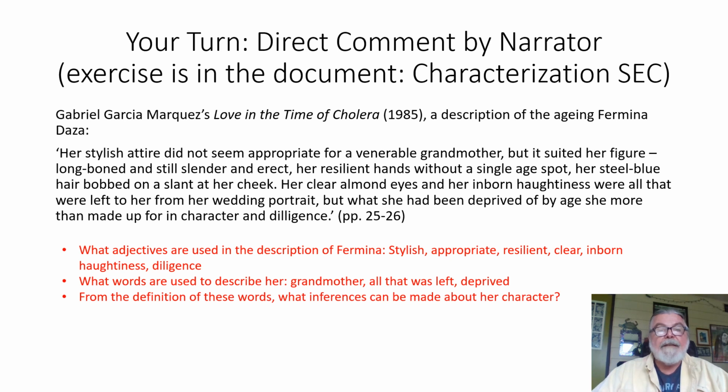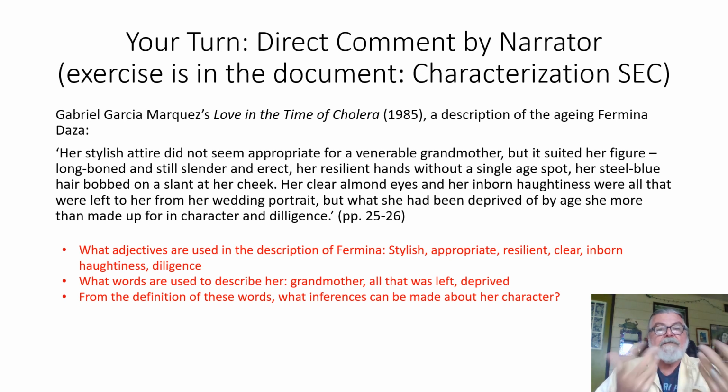From the definition of these words, what inferences can be made about her character? That's what we're doing here: we're making inferences. The author is telling me specific characteristics of the woman, her description, a little bit about her temperament, and I am going to make an inference. So I look at this and I say, okay, she's stylish attire.